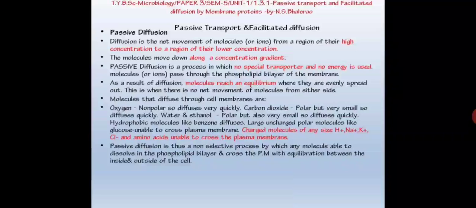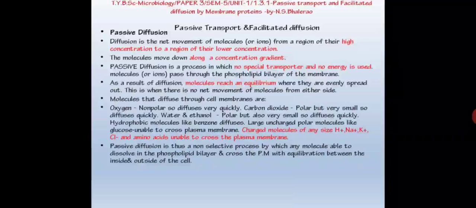for the diffusion across the plasma membrane, because mostly the solutes which are easily dissolved in lipids can diffuse across the plasma membrane. Carbon dioxide is polar but very small, so it diffuses very quickly. Oxygen is non-polar and a very small molecule, therefore it diffuses very quickly.